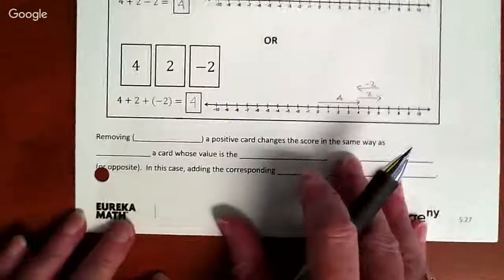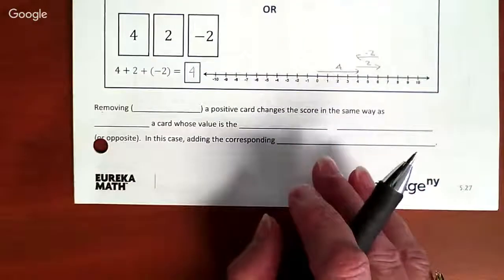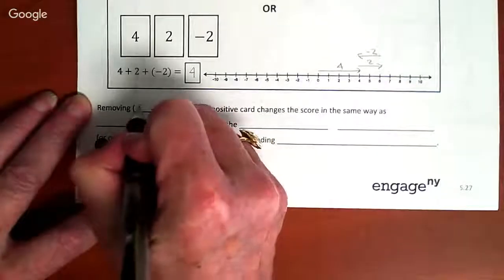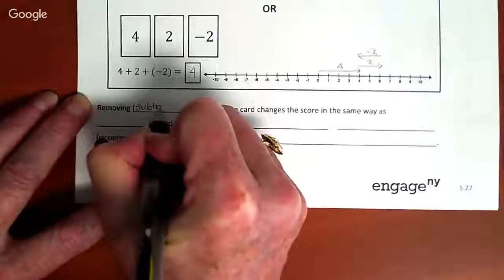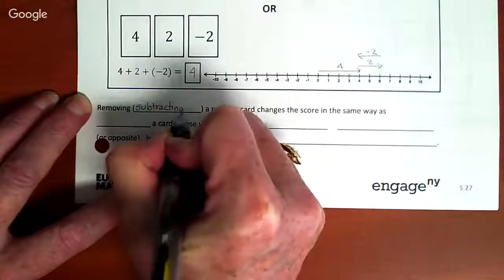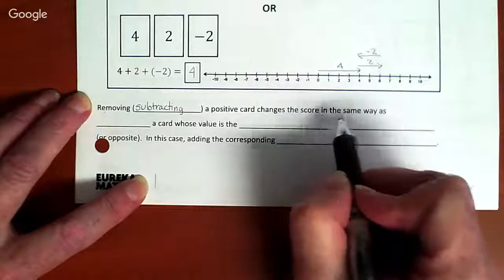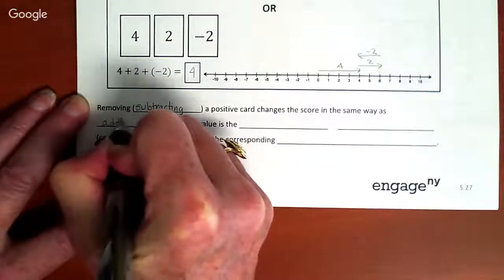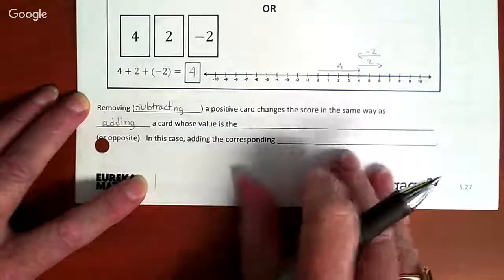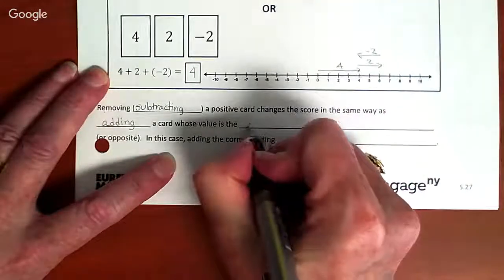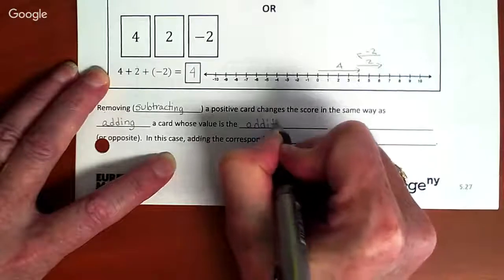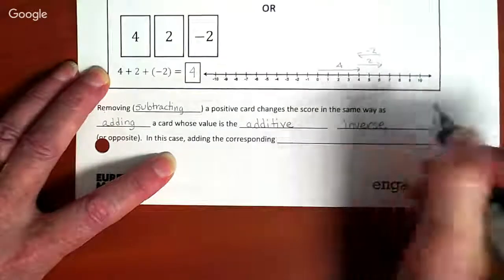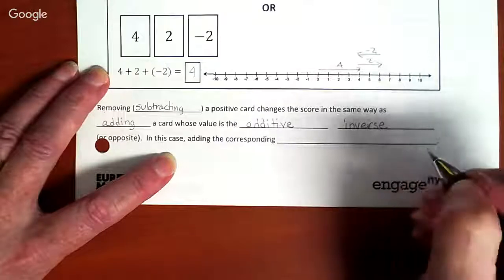Now here's what that means. Removing or subtracting a positive card changes the score the same way as adding a card whose value is the additive inverse, or the opposite.